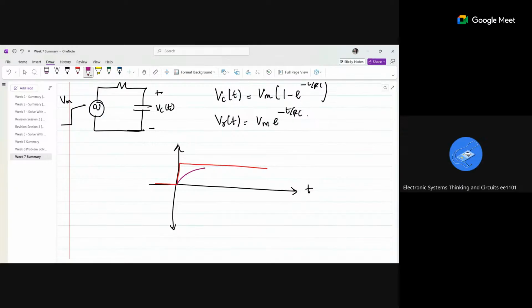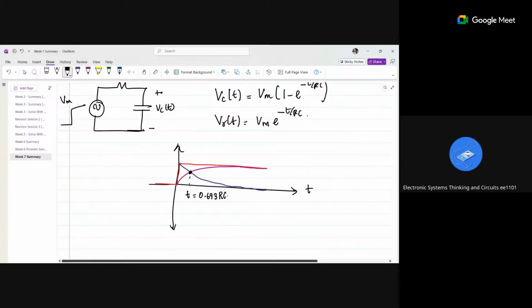And this is my Vc of t, right? And Vr of t is decreasing exponentially. And also we can note the intersection point.